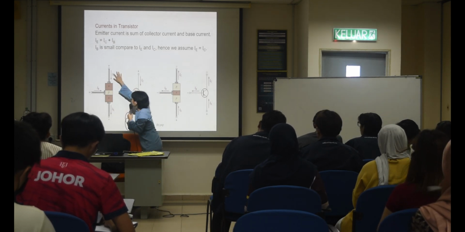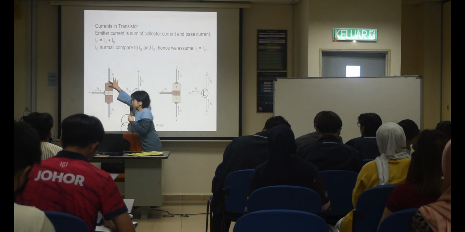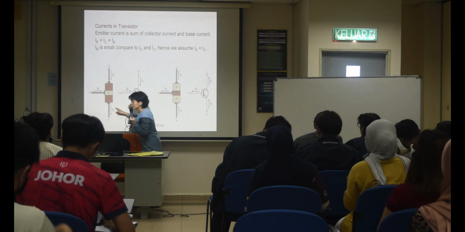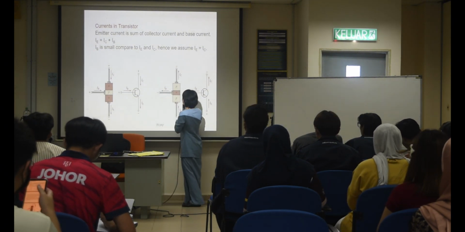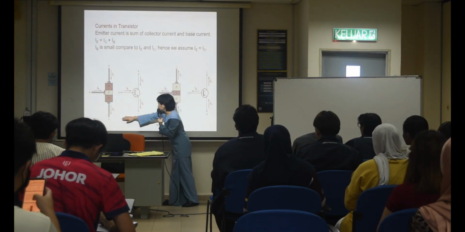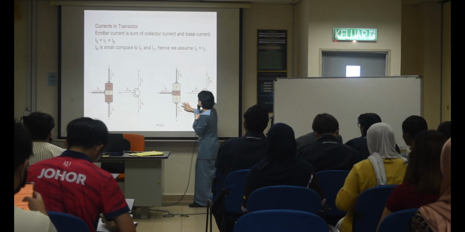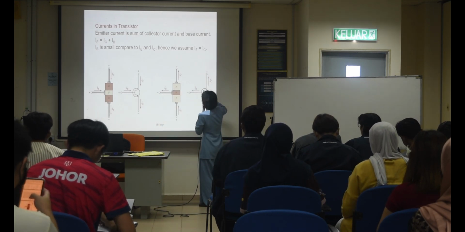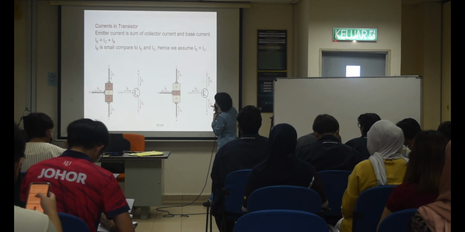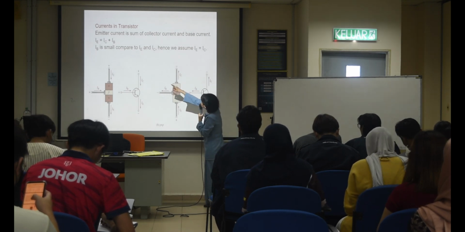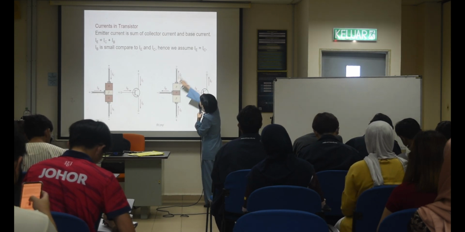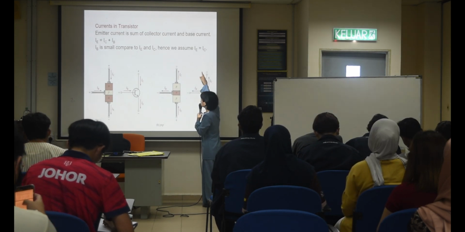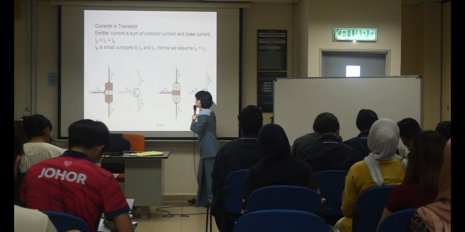This one is your collector, this one is your base. These two coming in, you add up, you get your emitter. Same for this one, the NPN junction. Okay, PNP junction, they are the other way around. So the IB is smaller compared to the IC, so if it is very, very small, we assume IE equals IC.